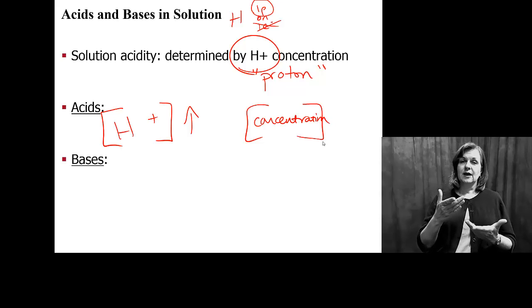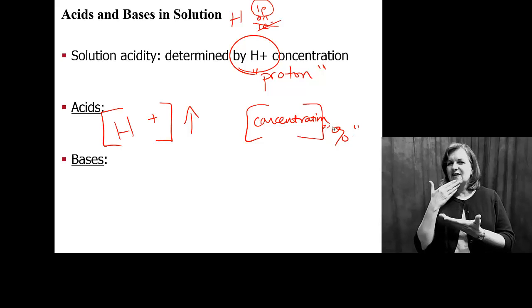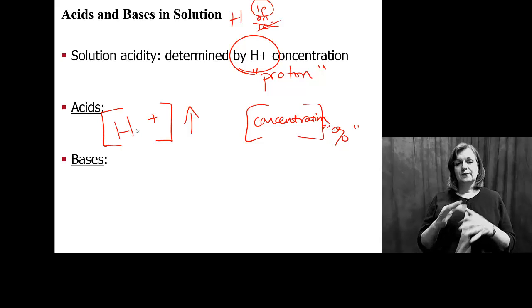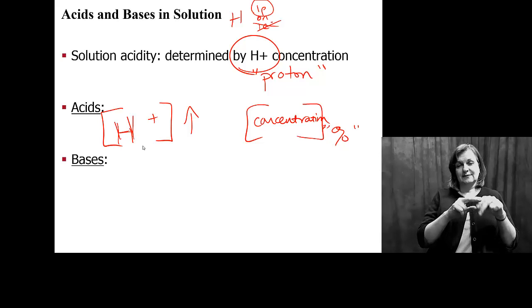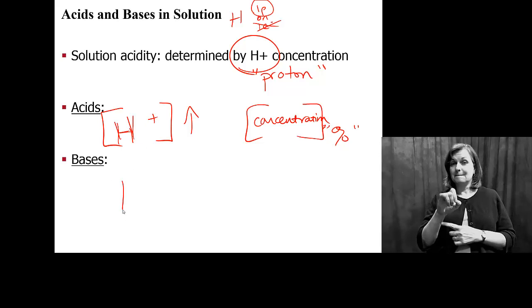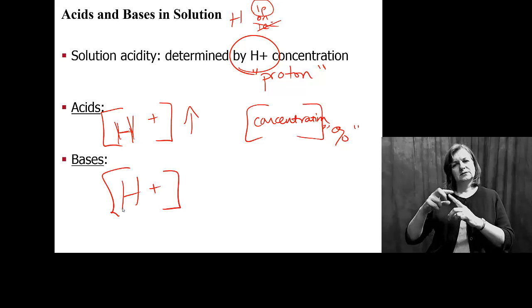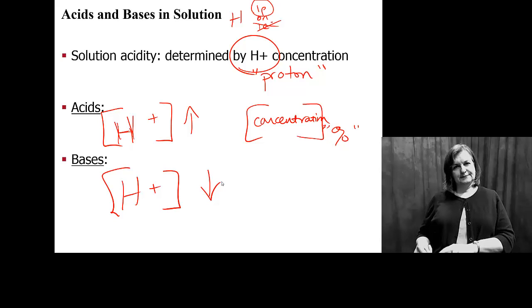Or some of you may be able to think about it as a percentage maybe of a solution. It's not a great way to think about it, but it'll get you started. Okay, an increase in the H+ or protons in a solution. Acids cause H+ to increase. Bases then, what do you think they do? They cause H+ to decrease.